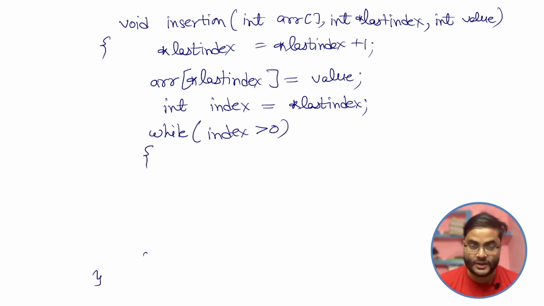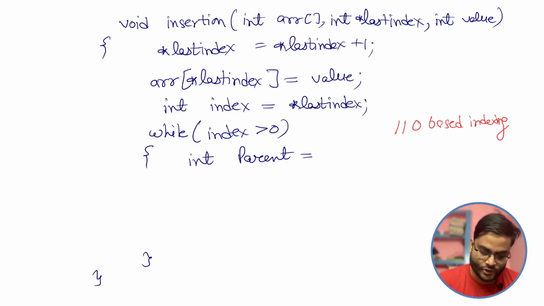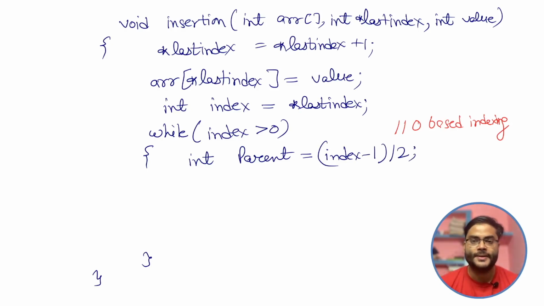Here I will take the parent, int parent equals to... I am taking 0 based indexing, so according to 1 based indexing, it will change. In 0 based indexing, my parent will be calculated as (index minus 1) by 2. For 1 based addressing, it can be changed.